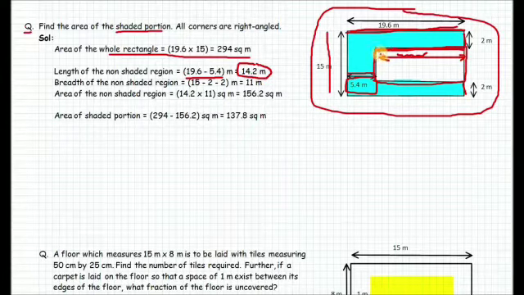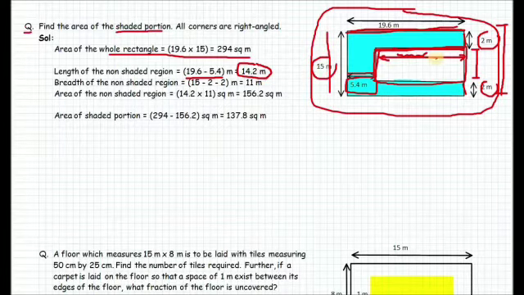Similarly, if we try to find out the breadth, from total breadth we will subtract this 2 meter and this 2 meter, and total breadth was 15 meter. From 15 meter, if you subtract 2, and if you subtract again 2, that is 15 minus 4, it is 11 meter.